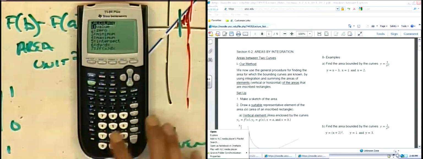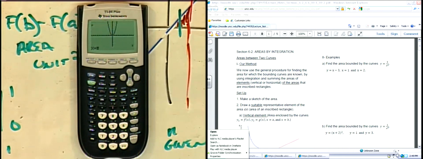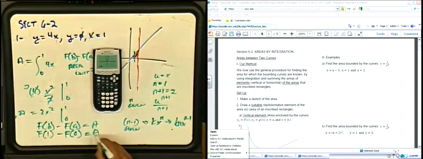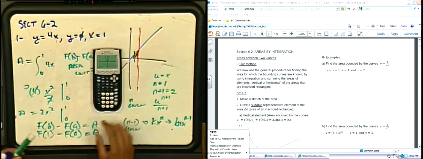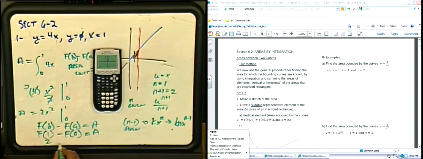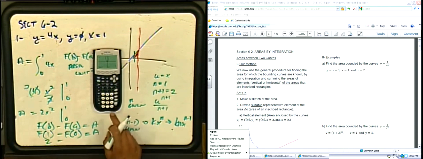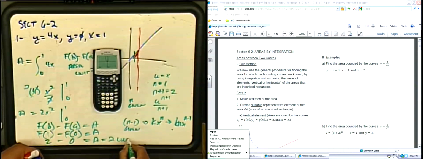Plug in f of b, which is the upper limit, which is 1, minus f of 0 equals the area. So 1 gives you 2, minus, plug 0 in, and you get 0. Area equals 2 units squared.